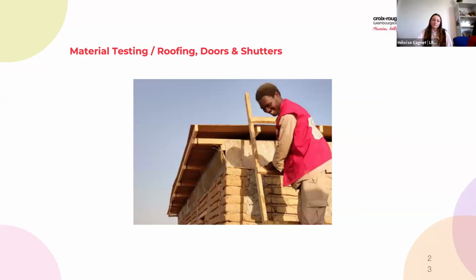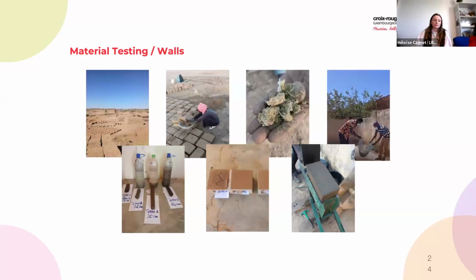We don't have the data yet, but the feedback from our teams that finalized the prototypes and spent a little bit of time inside is that there's a noticeable difference when it comes to how easy it is to breathe inside, especially during the hot season, and how much more comfortable those could be during the night for sleeping.